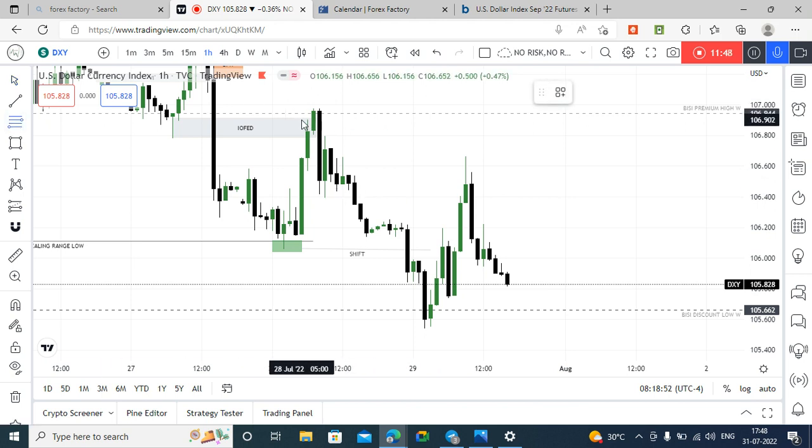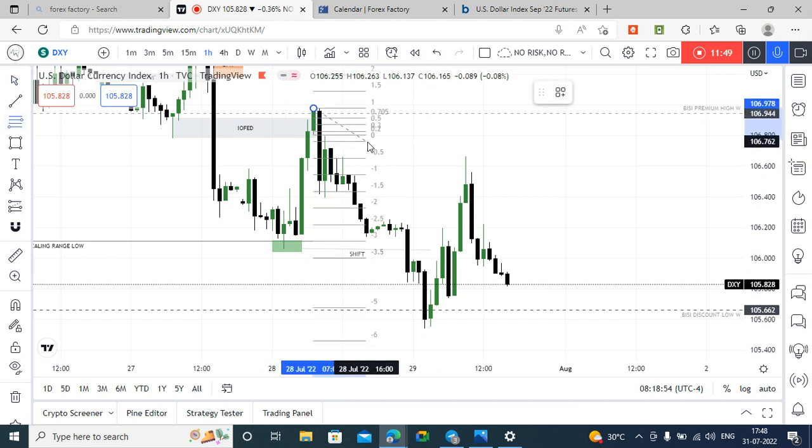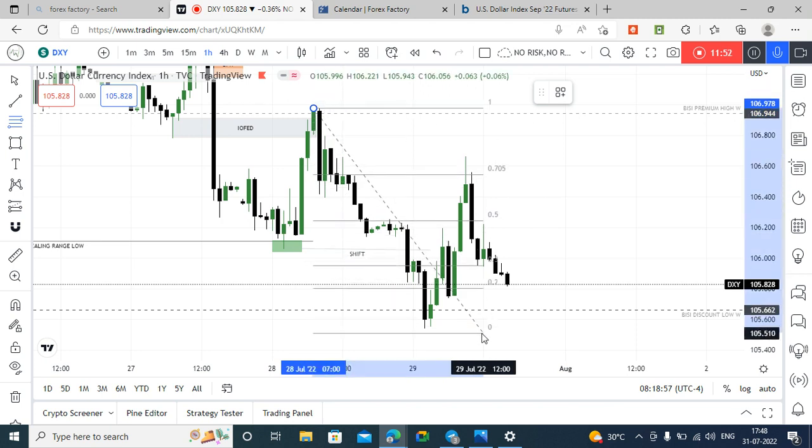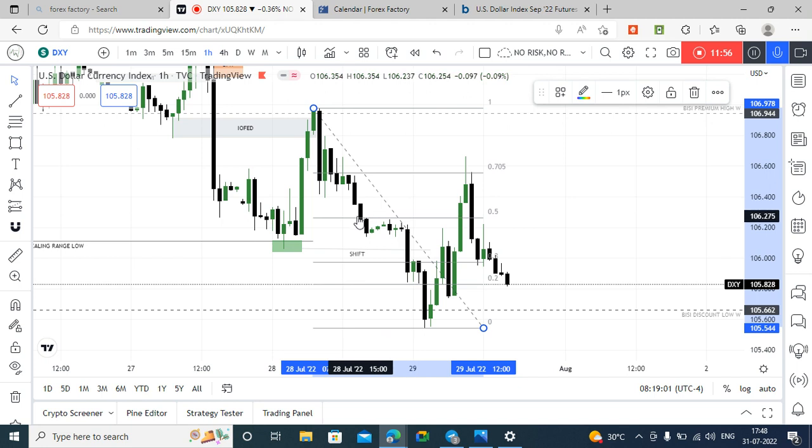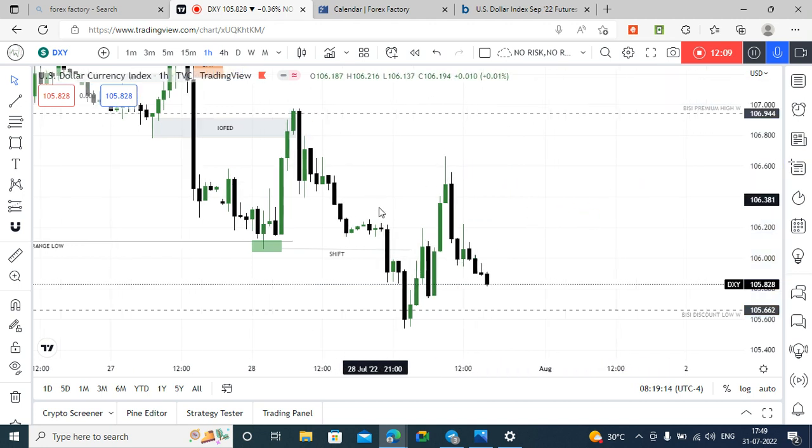Why do I call that the premium level? Because if you put your fib level from this high to this low, that is above the equilibrium level, that is above the 50 percent level. So we can expect that when price comes back to the premium level while our price is bearish, price will reverse. That happened this time also.